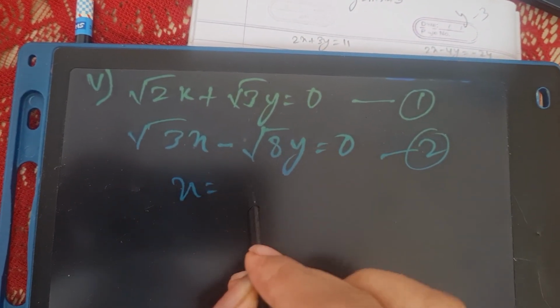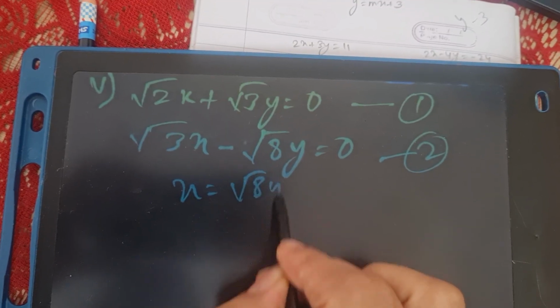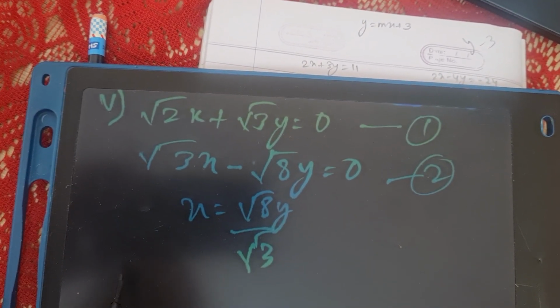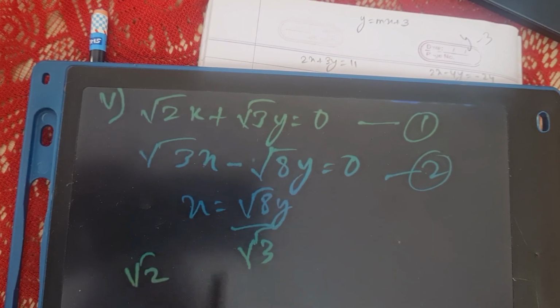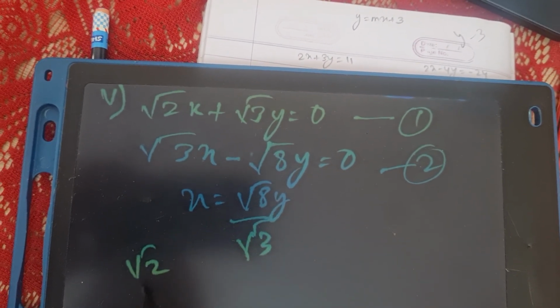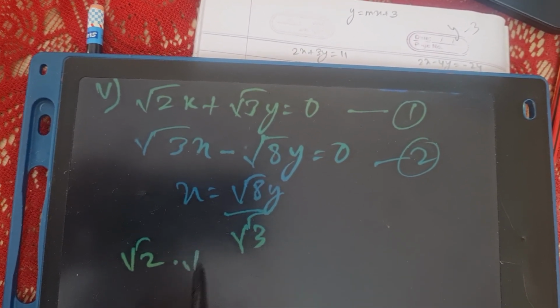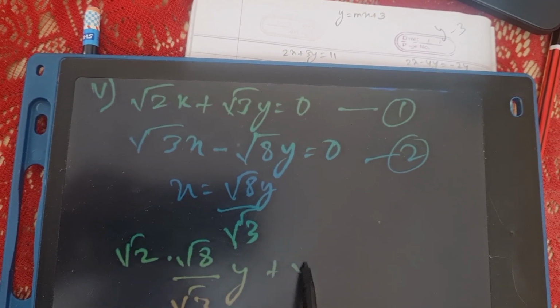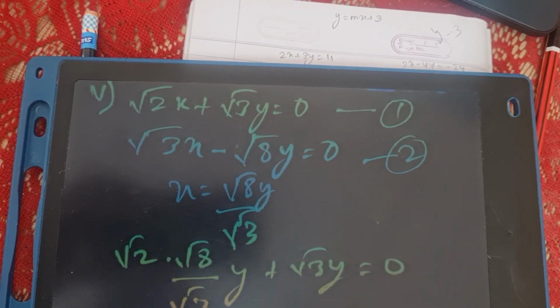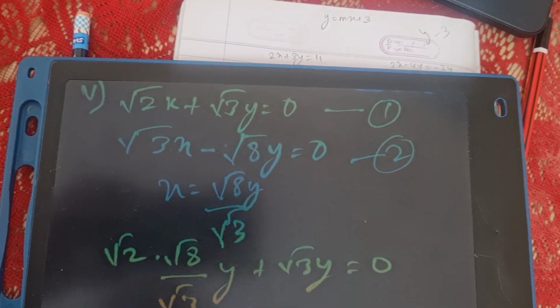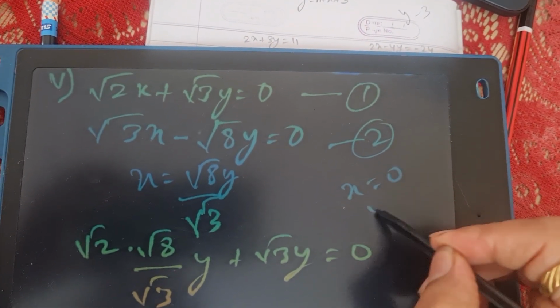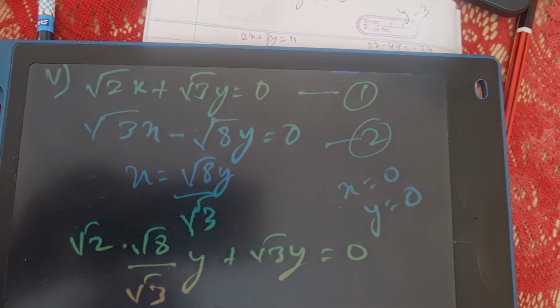So x is equal to root 8y divided by root 3. Now putting this value in equation 1, root 2 into root 8 upon root 3 y plus root 3y is equal to 0. So we can say that x is equal to 0 and y is equal to 0 is one such solution.